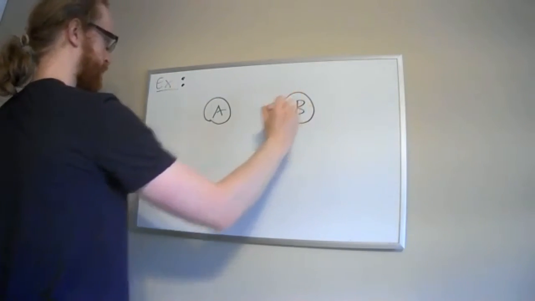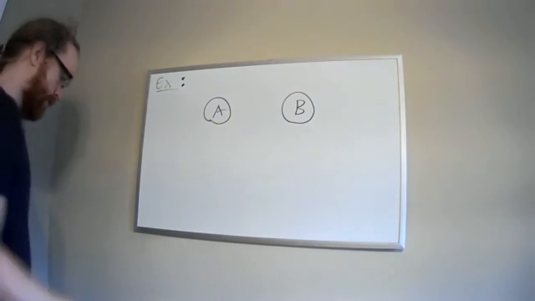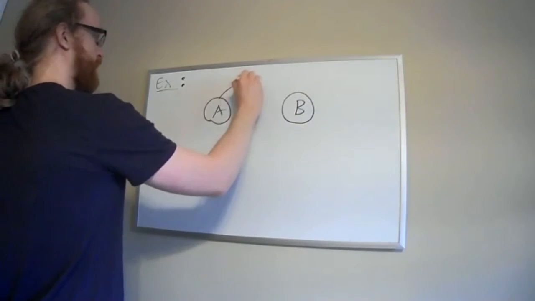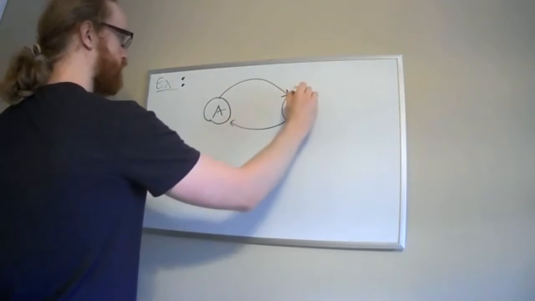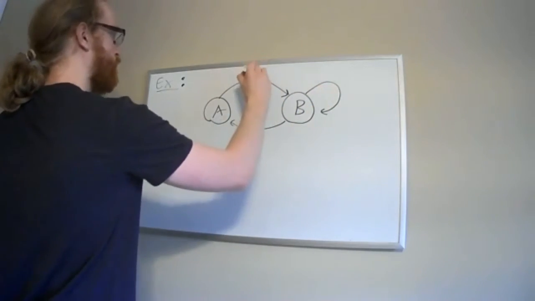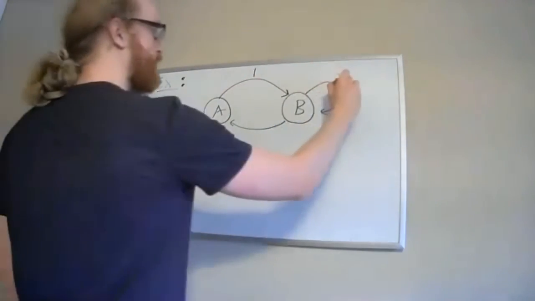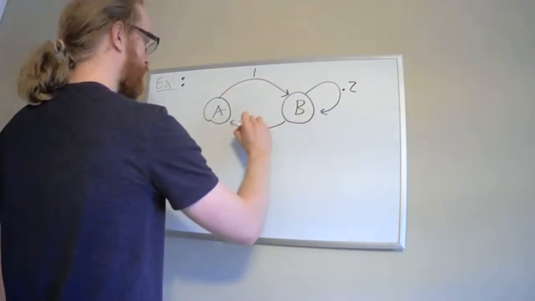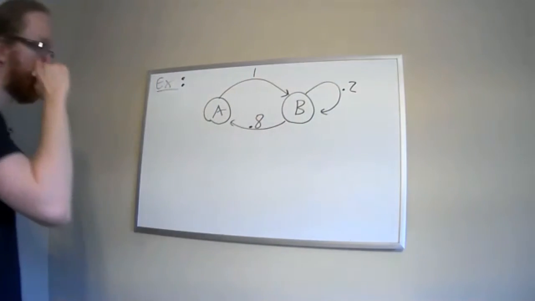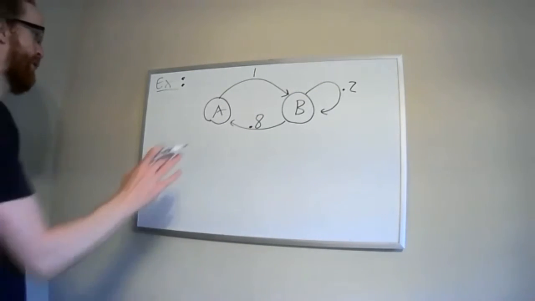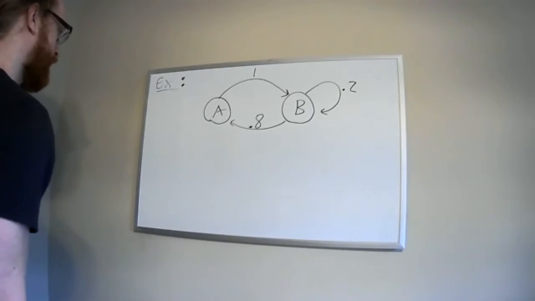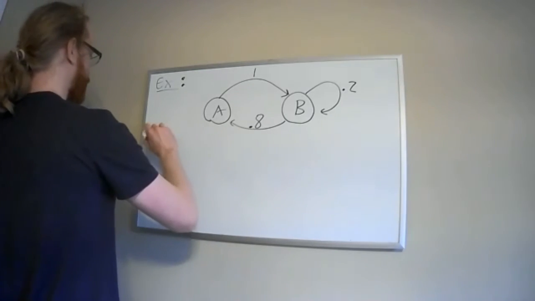So we'll have two states that we call A and B. And here are the transitions that we have. This one's labeled 1, this one is 0.2, and this one's 0.8. Okay. So here is our transition diagram for a Markov chain. Some Markov chain has this transition diagram. And here's our question.